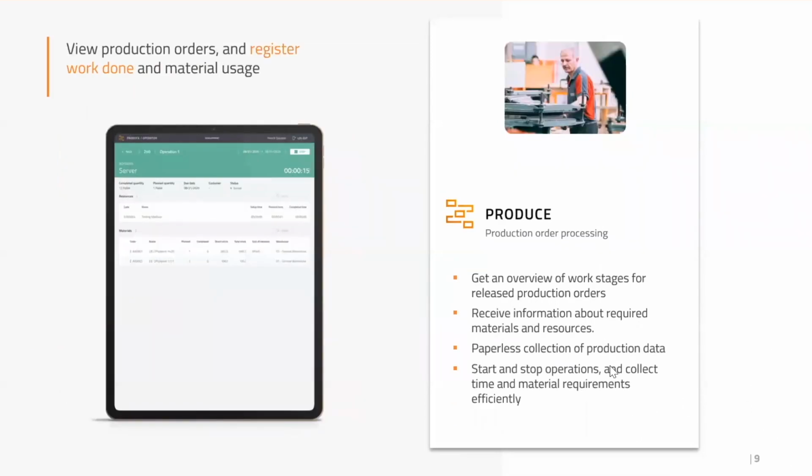I visited a customer, which made me very happy. Everybody had their little tablets, and all the operators were very, very involved and very happy because they love to just go look at the tablet. They see all the production orders being released, and they just click start. And as you can see here, your time is ticking.